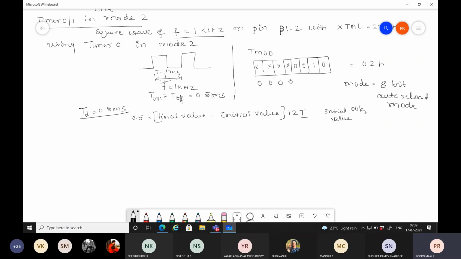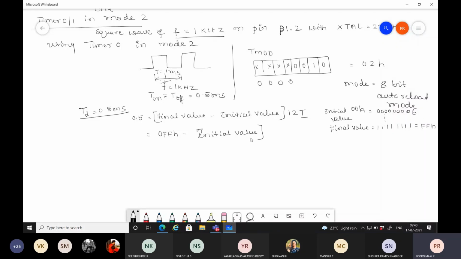This 00H can be represented in the form of 8 bits as 00000000. In binary, what is the final value the counter can take? It is all the 8 bits 11111111. So this is equivalent to FFH. So therefore here in mode 2, the final value being FFH minus initial value is unknown to us. We need to compute the initial value.